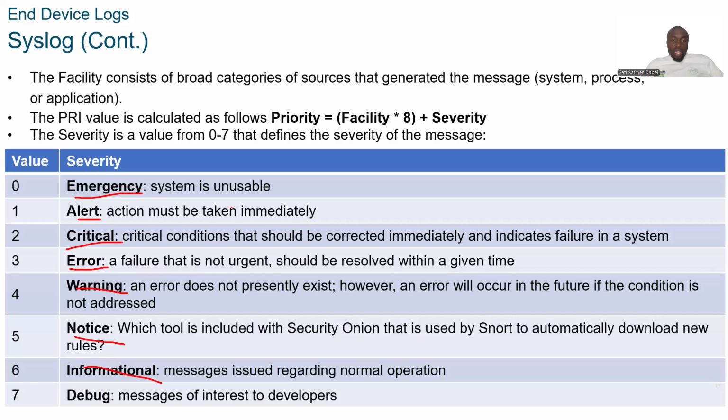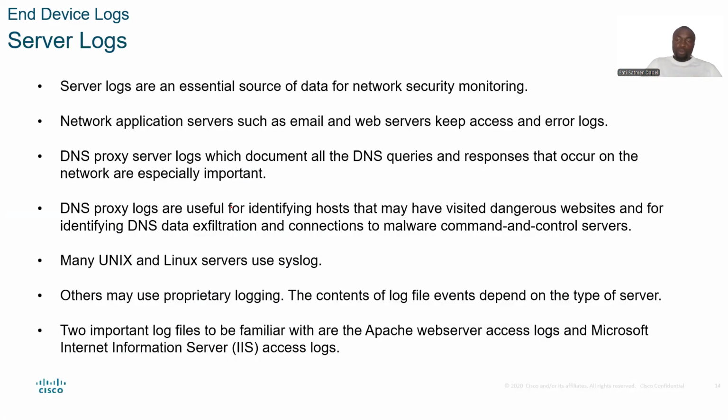When you see error, it's a failure that is not urgent, but could be resolved within a given time. When you see warning, an error does not presently exist. However, an error will occur in the future if the condition is not addressed. Basically, these are information flows that it shows there.